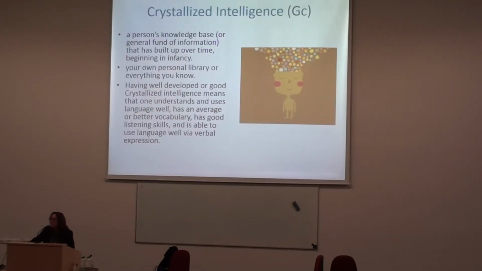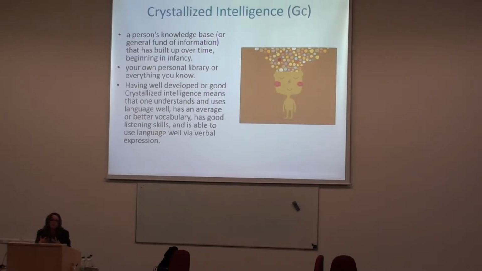Okay, crystallized intelligence. This is information that has built up over time, beginning in infancy. It's all about language exposure, word usage, knowledge of language. And if you have good crystallized knowledge, then you use language well.